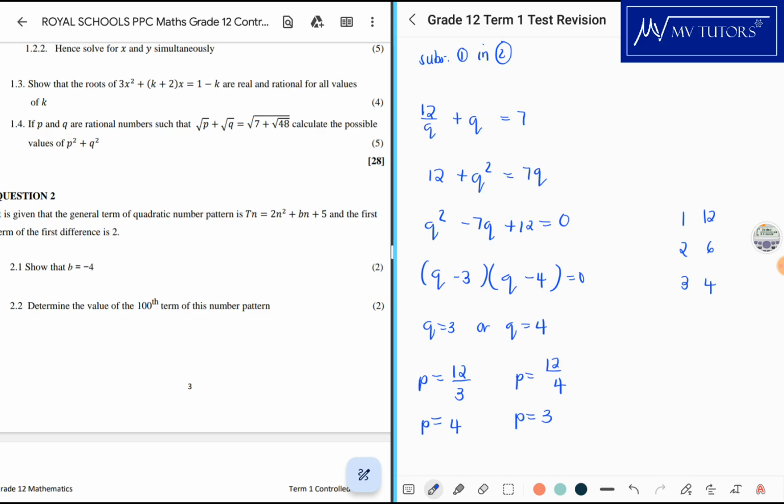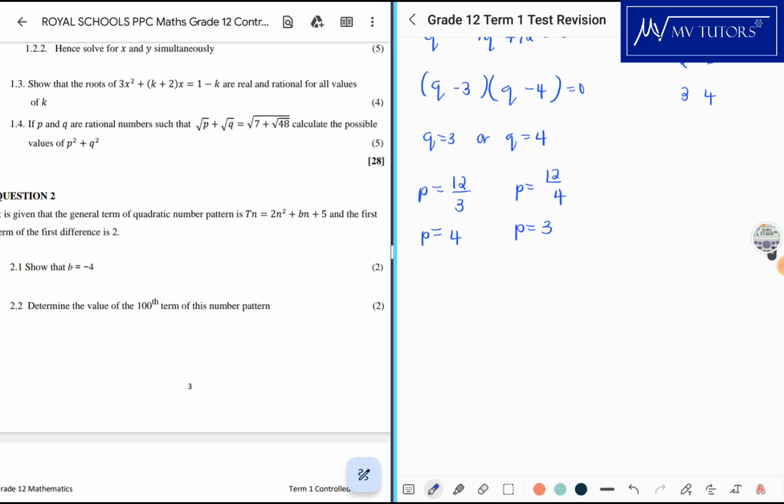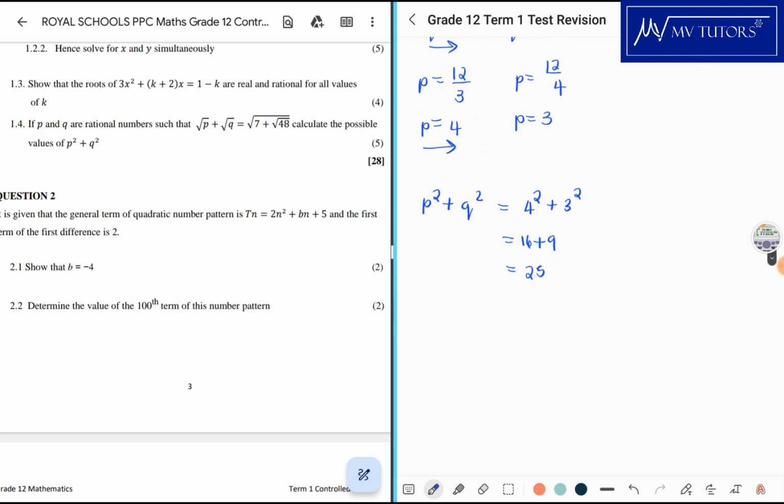Okay, so what is the question here? They wanted the values of p squared plus q squared. So what is p squared plus q squared? If I take this side, I know p is 4 and q is 3. So I have 16 plus 9, and that is 25. If you decided to take this side, you realize that it's actually the same.